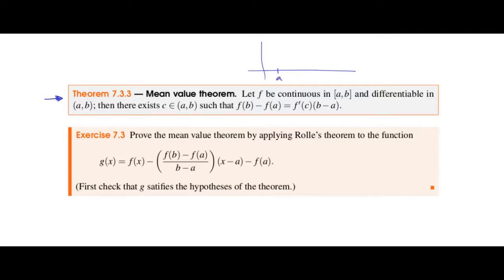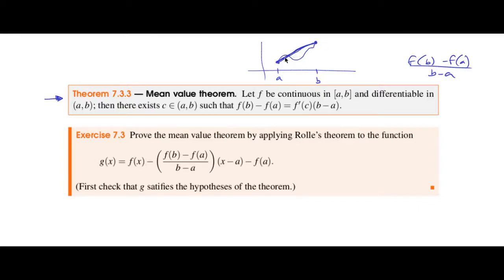The graphical interpretation of this is that suppose we have this function f, at a and at c and at b. If we compute the difference f(b) minus f(a) divided by b minus a, as we talked about in the first video in this unit, this is just this slope of this line.